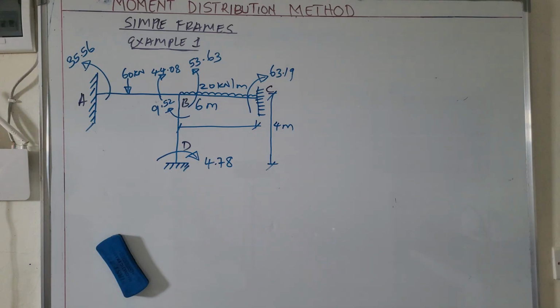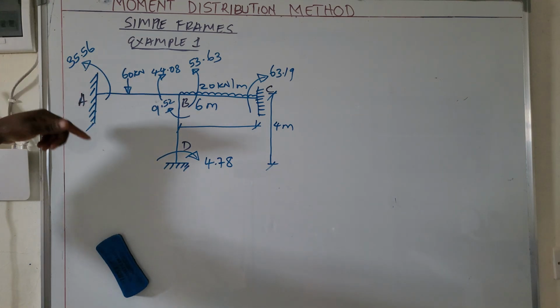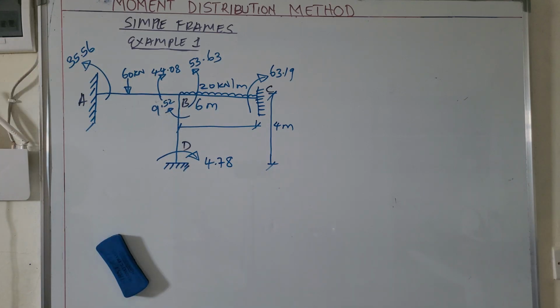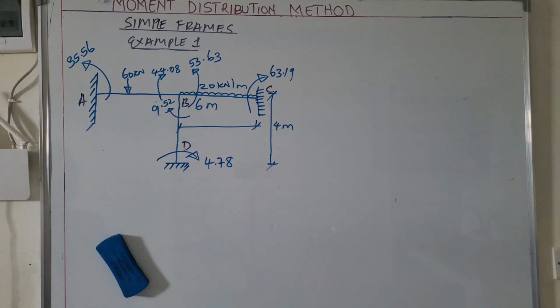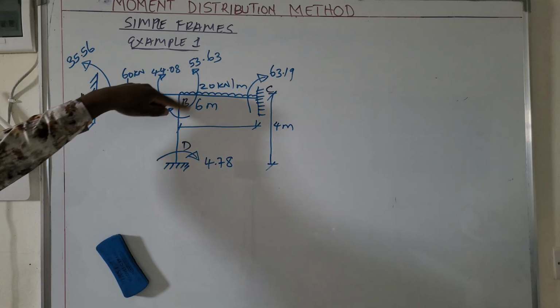And we said in our sign convention, anti-clockwise moment is treated as negative. So as you can see, this moment is moving in anti-clockwise direction. And then we had BA as positive 44.08. So this one is moving in clockwise direction. And then we had negative 53.63 in anti-clockwise direction, as you can see.